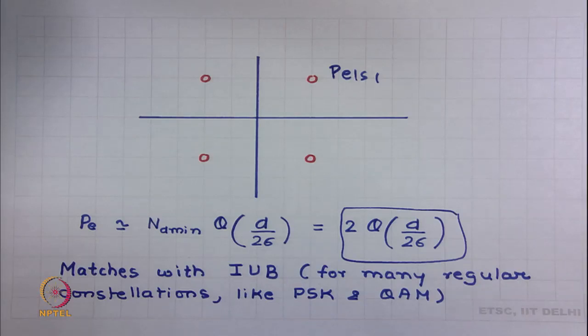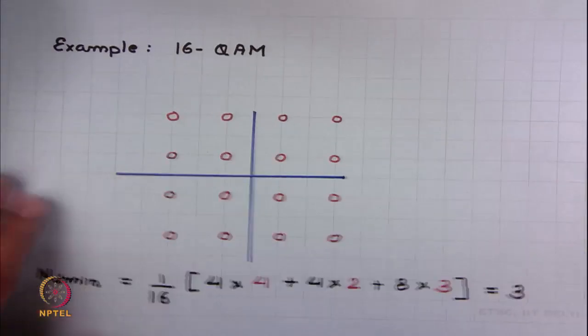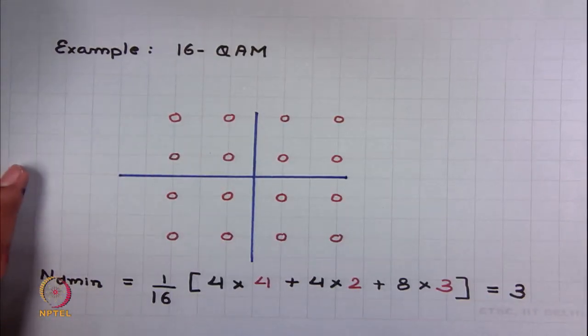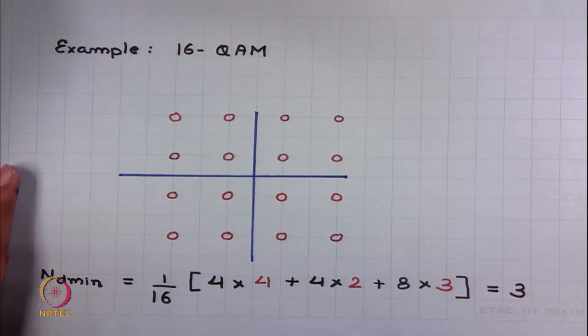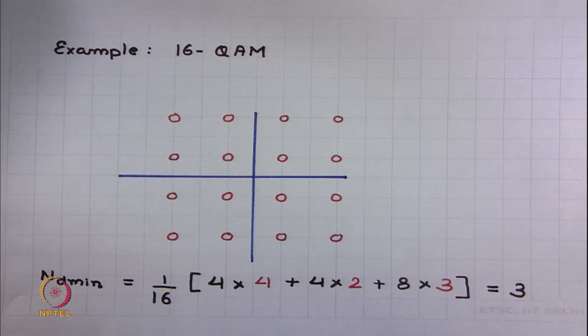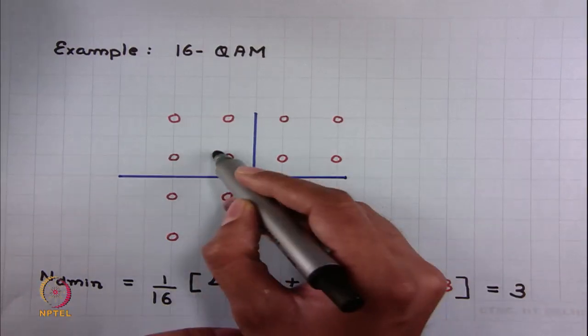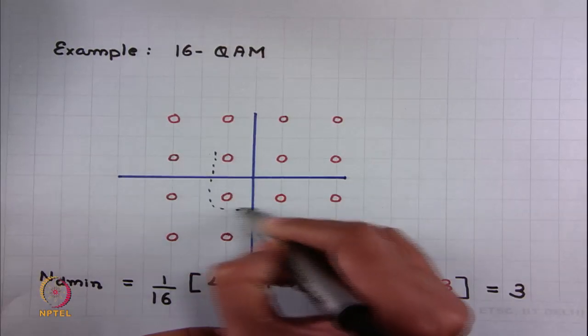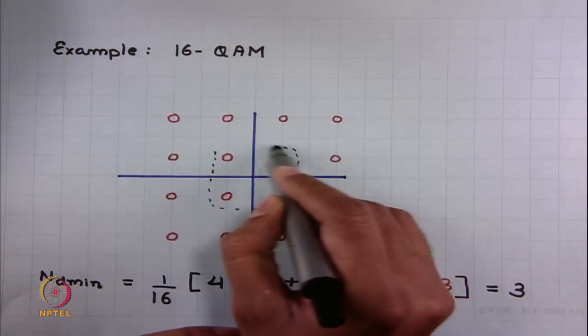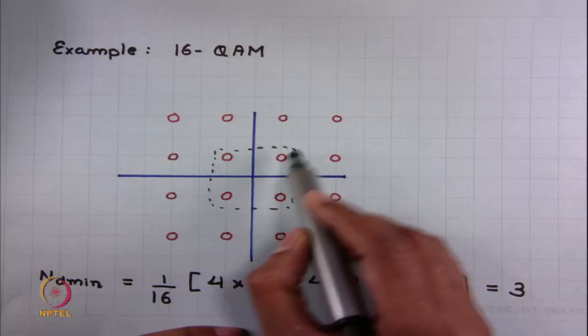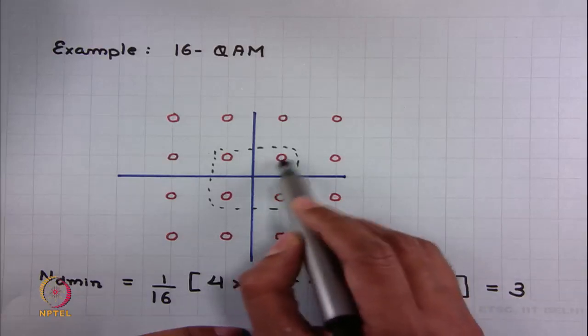So, let us use this nearest neighbors approximation to calculate the probability of error in 16-QAM, and the idea would be to first calculate the number of nearest neighbors, okay, or in fact the average number of nearest neighbors. So, let us first consider these 4 signals in this constellation and how many nearest neighbors this signal has.